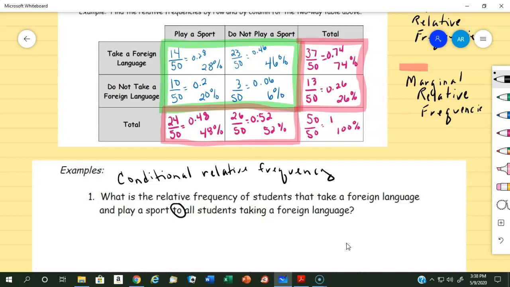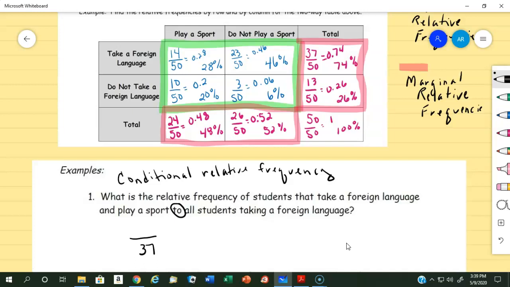And what I'm looking for here is I'm not going to be comparing it to the complete total. Here I'm going to be comparing it to whatever comes after "to". In this case, it's all students taking a foreign language. Well, all students taking a foreign language is 37. So it's not based on the total, it's based on this condition, all students taking a foreign language.